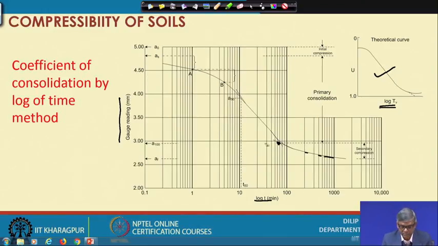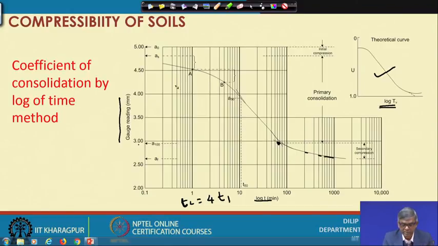So, that means 100% consolidation. This is actually 100, that means 100% compression, and then to find 0 compression, what you have to do? We can choose 2 points on the initial parabolic portion of the curve in such a way that T2 equals 4 times T1. This is the way you have to take.